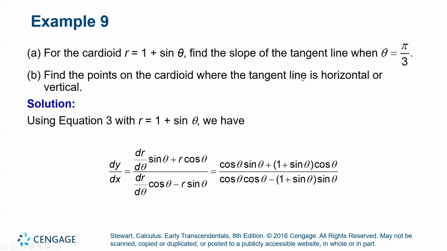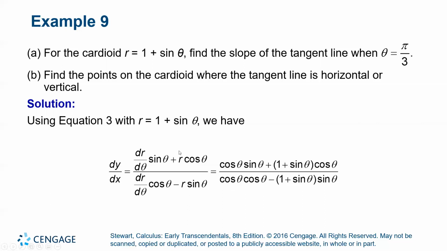So starting out, we need to find the derivative, dy/dx. Remember, our equation is 1 plus sine theta. Here on the left-hand side, you see that equation from a couple of slides ago, just generally the equation for the derivative of a polar curve. What we're going to be doing is replacing dr/d theta and r with the specific information from our curve. So r is 1 plus sine theta.